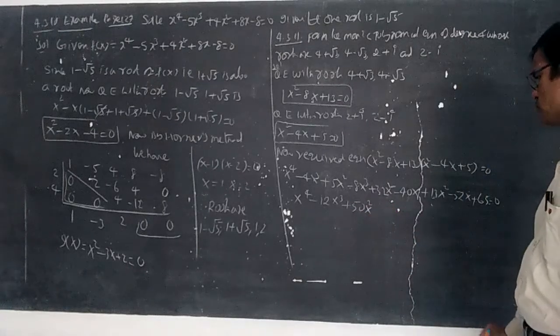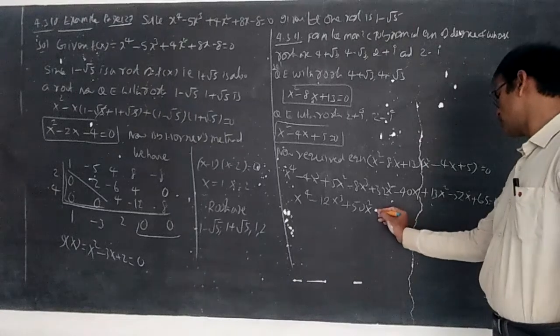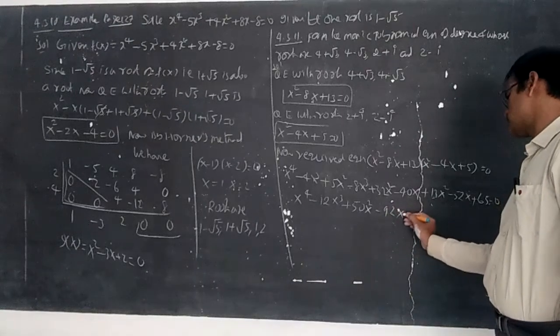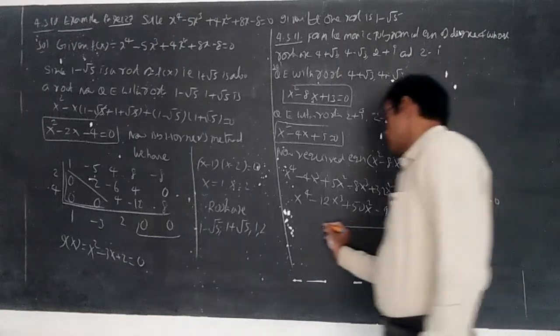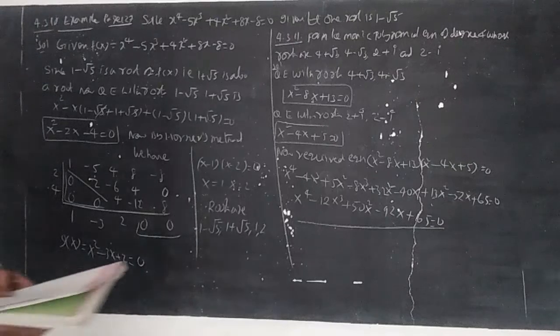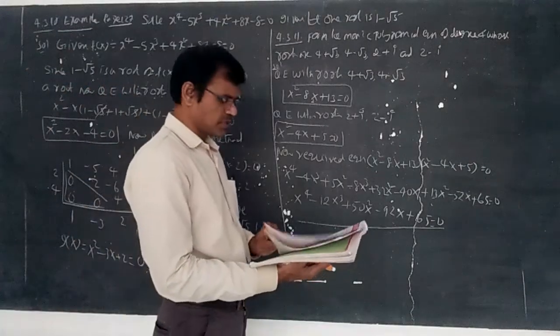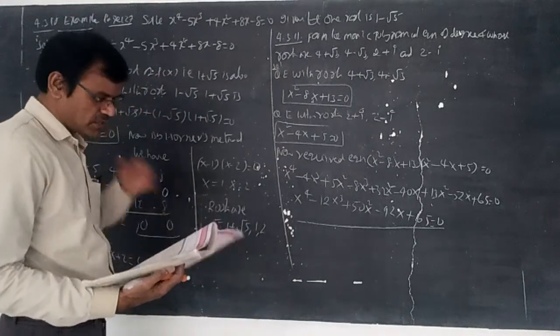Next the x terms: minus 40 minus 52 becomes minus 92x, plus constant 65 equal to 0. x power 4 minus 12x cube plus 50x square minus 92x plus 65 equal to 0. That's all. Next solution is there.